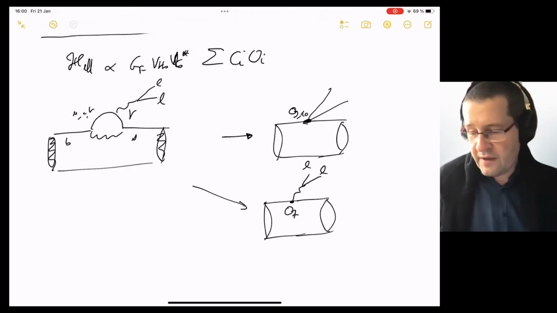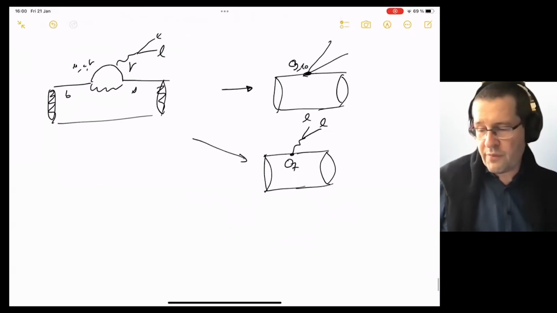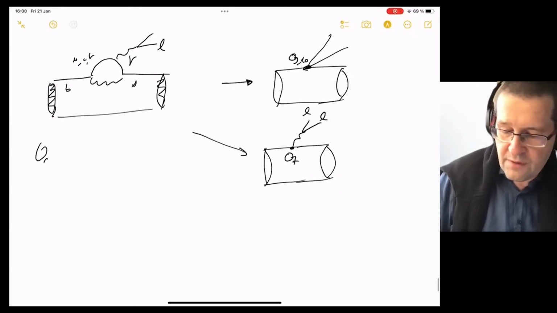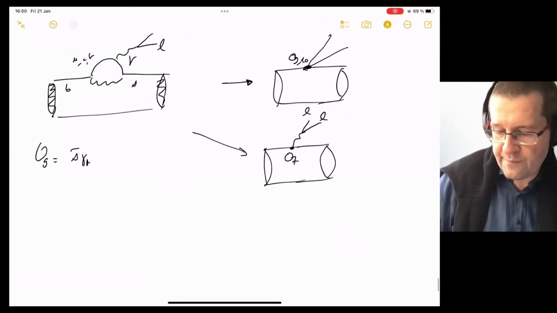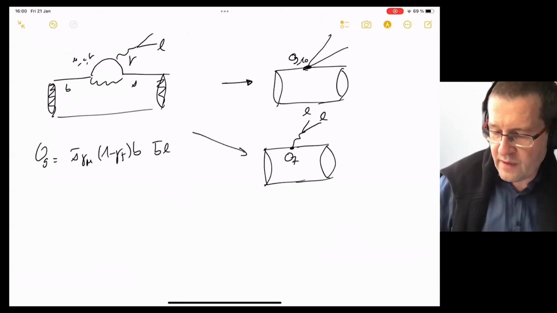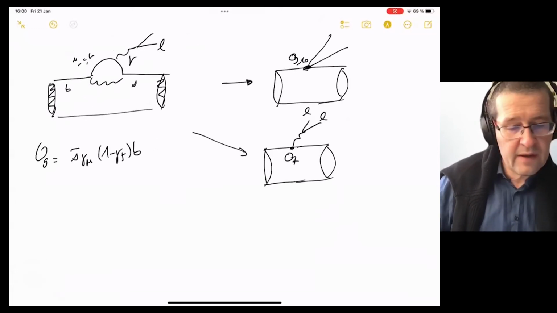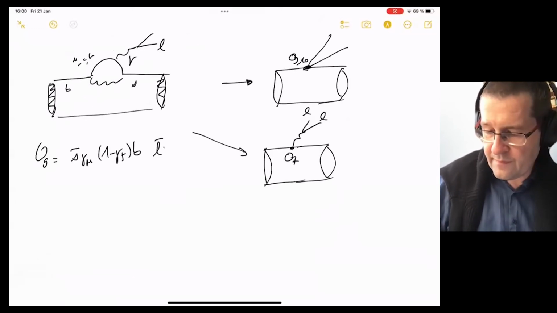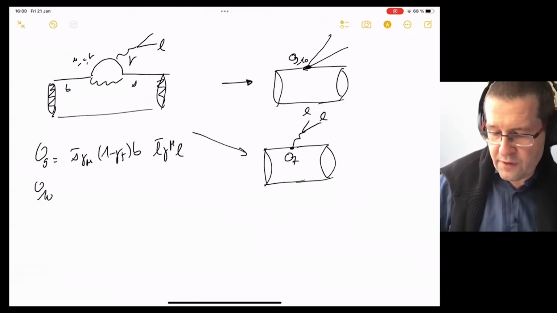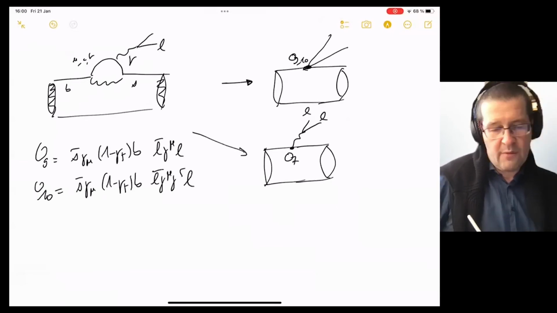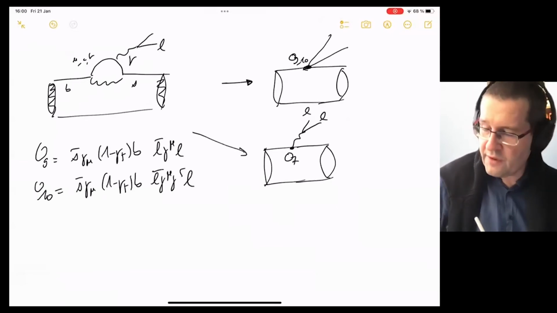In your loop, in some cases, you shrink everything to a point, and that's going to give you O9 and O10. So two contributions that will have the structure reminiscent of b bar, l bar. And you've got those two contributions because you've got the Z that can give you both of them, whereas the photon would couple only to the vector part.